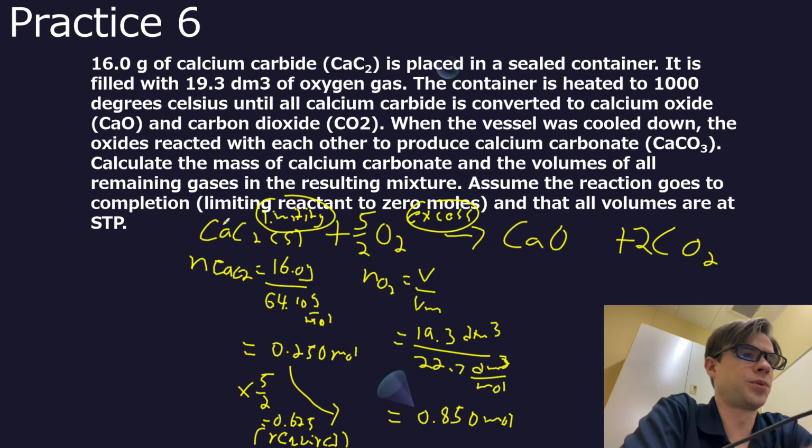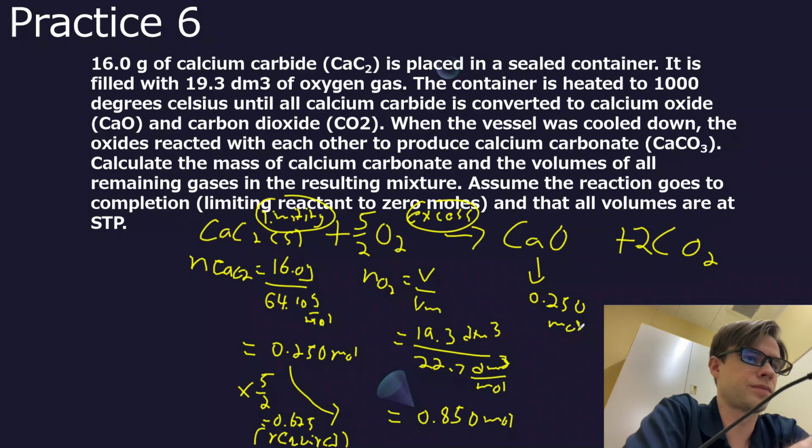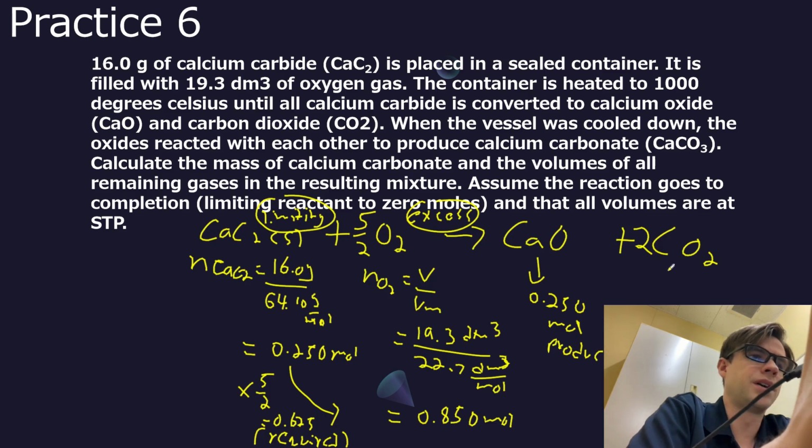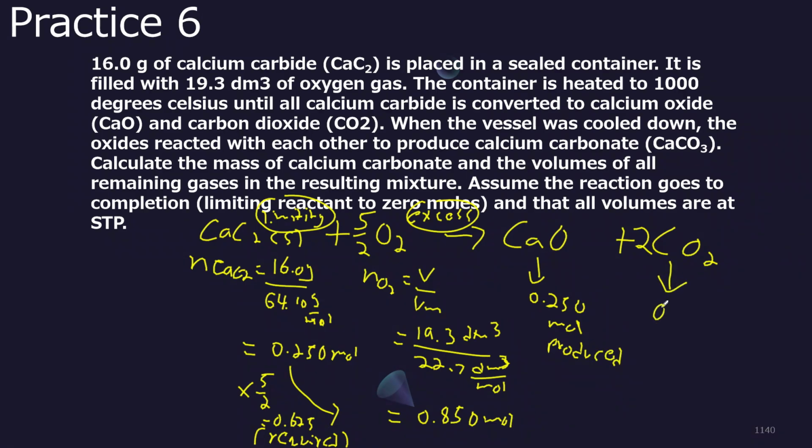So if we've got 0.25 moles of CaC2, we should also have 0.250 moles of CaO produced. And double that much, 0.5 mole of CO2 produced.